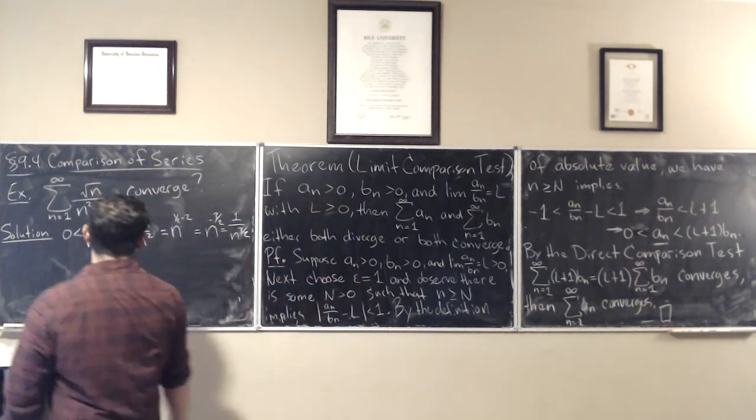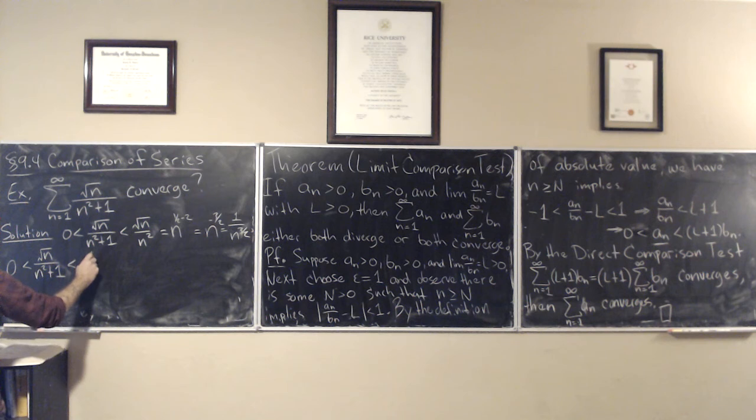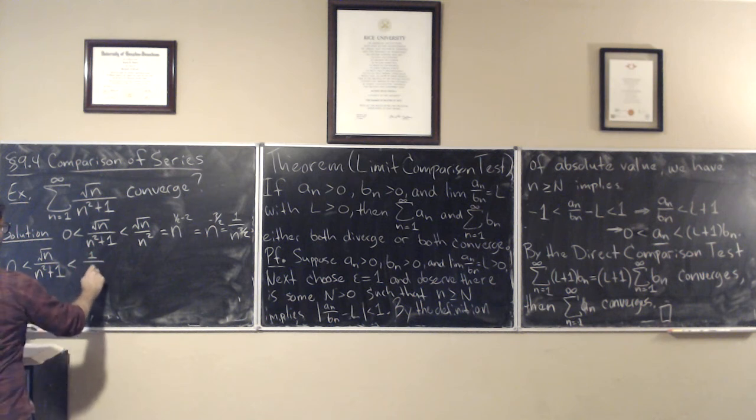Because I know that 0 is less than root n all over n squared plus 1, which is less than 1 over n to the 3/2.